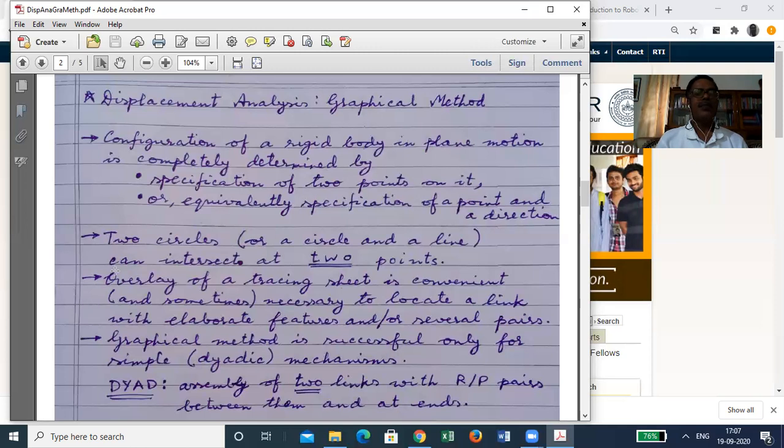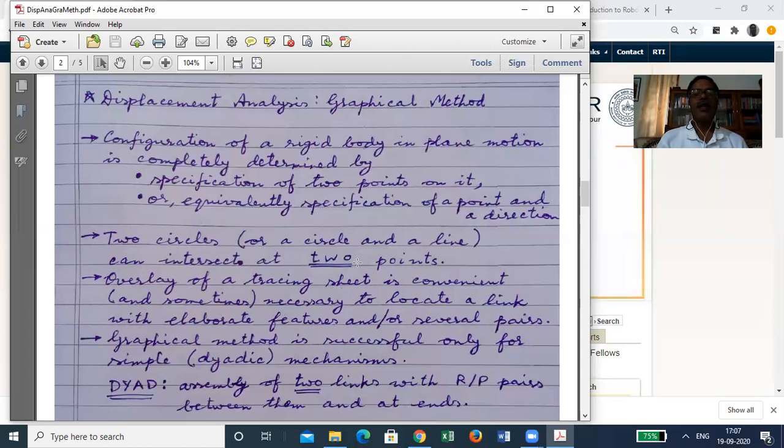Another thing is, overlay of a tracing sheet is convenient and sometimes necessary.